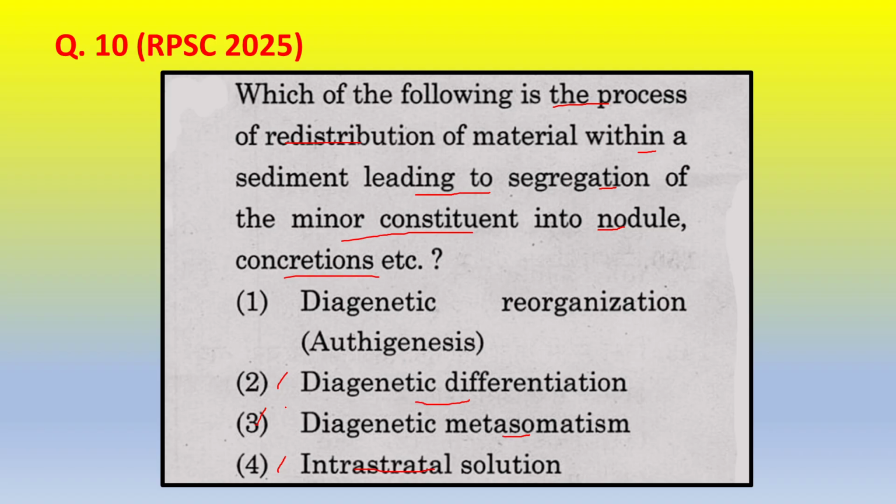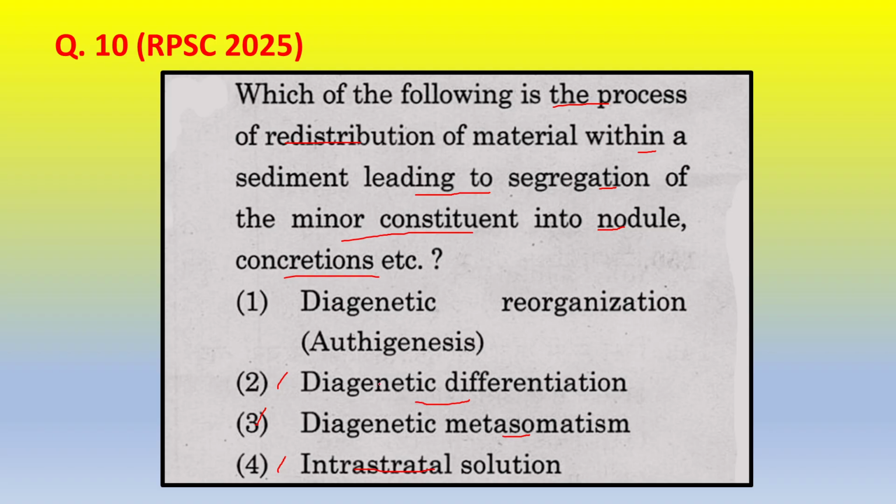Okay. So let's talk about each option one by one. What is diagenetic reorganization? Okay, so this refers to the changes that occur in sediment or sedimentary rock after deposition, excluding metamorphism and weathering.